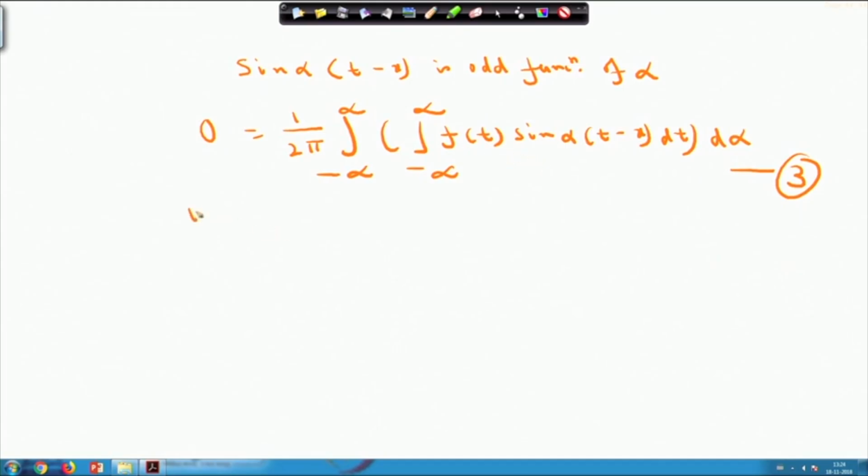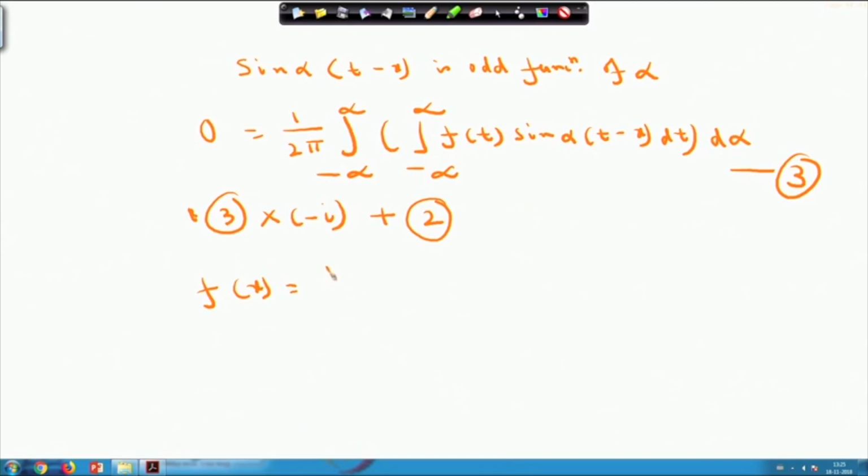Now you multiply equation 3 by minus I and add it to equation 2, the last equation we wrote. Adding these, I have sin of alpha into (t minus x) and cos of alpha into (t minus x).